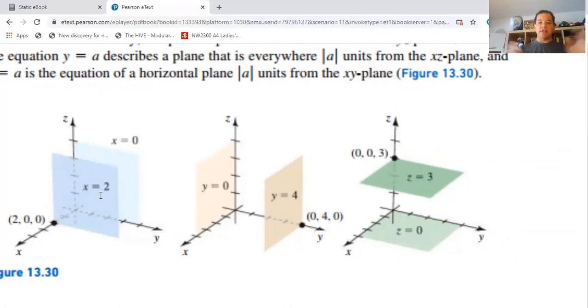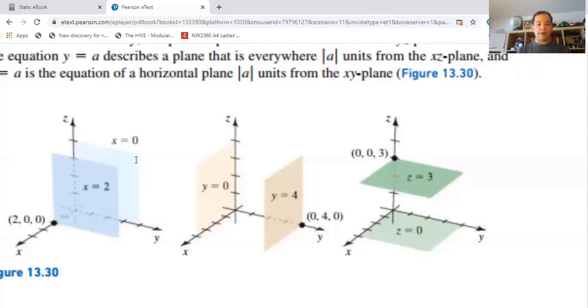So the y and the z roam freely, and that's how you get this plane. We only see a little bit of it right now, but it should extend in all positive directions. So the plane that cuts in this direction is the plane x equals 2.